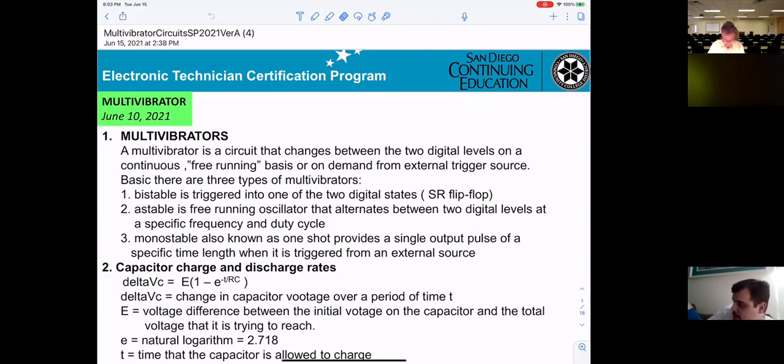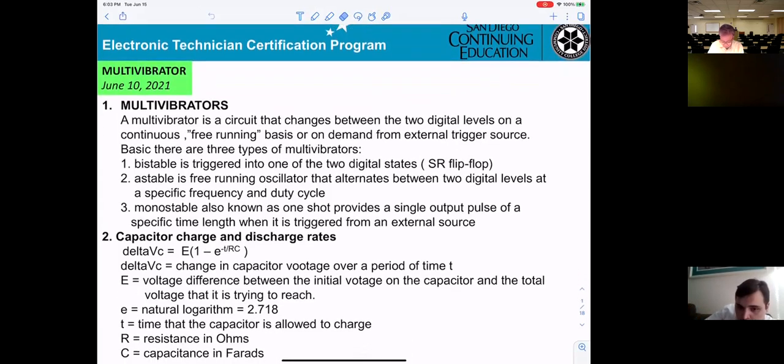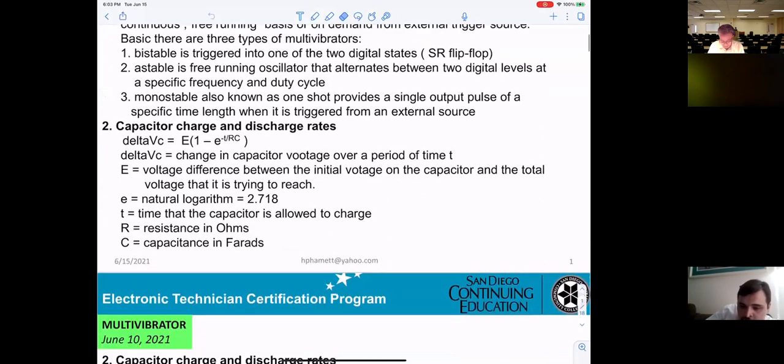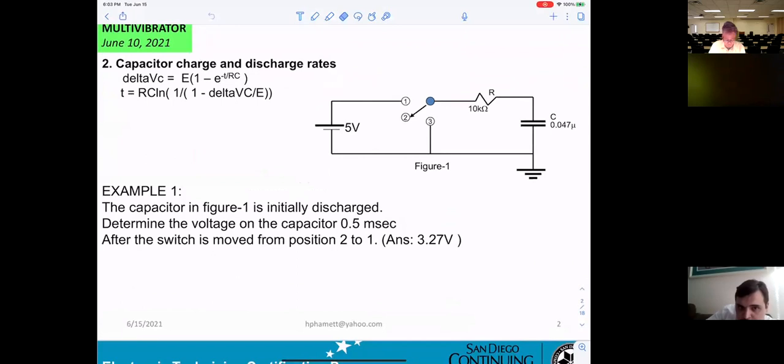Okay. All of the formulas for delta VC, we already explained to you. This time I try to move things to make it clearer so we have more room to explain. Basically, if you connect to position 1, you get a current flowing, and it will charge up the voltage on the capacitor.